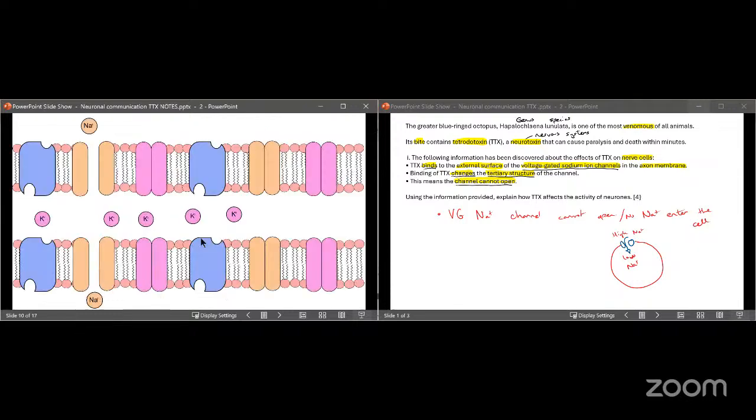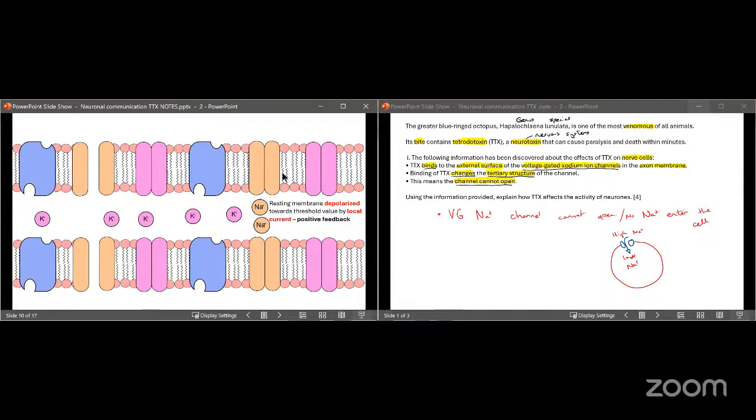Now, the reason this has to happen is because when the sodium comes in, the sodium is going to move and diffuse to an area with a lower concentration. That will therefore depolarize this section of the membrane. And if it reaches the voltage-gated sodium channel, if that reaches the potential difference of the threshold value, that will then cause that membrane to open.